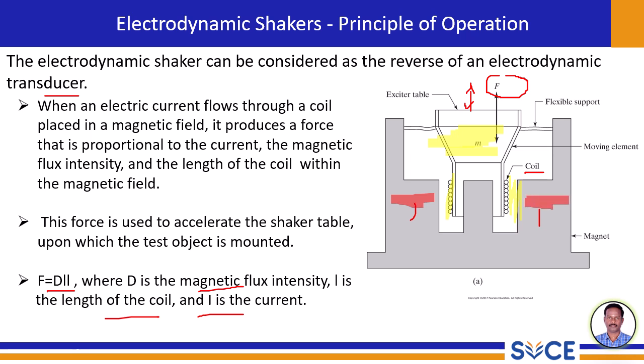The flexible support is here. This flexible support allows for a controlled vertical movement. When current flows through this coil, it interacts with the magnetic field, generating an upward or downward force F, causing the table and the test object to vibrate.